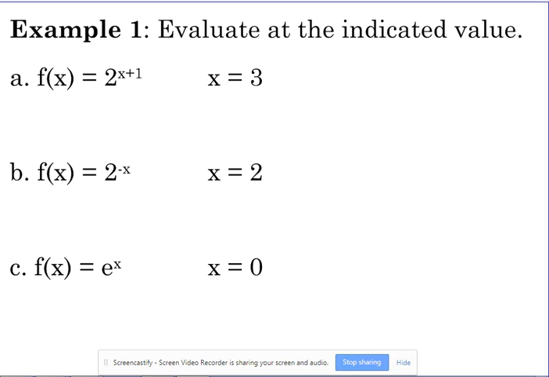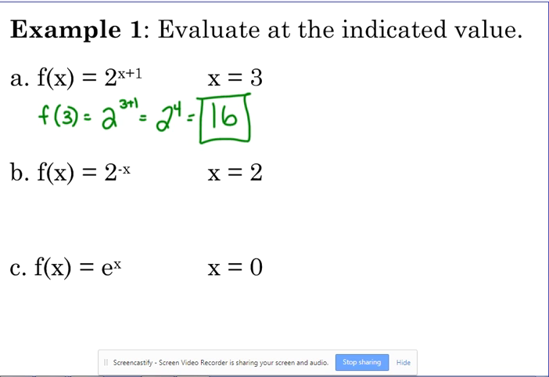Y'all know how to evaluate? You just plug in, right? So f of 3 is 2 to the 3 plus 1. 3 plus 1 is 4, so 2 to the 4th is 16. And 2 times itself, 4 times is 16. 2 times 2 is 4, times 2 is 8, times 2 is 16.